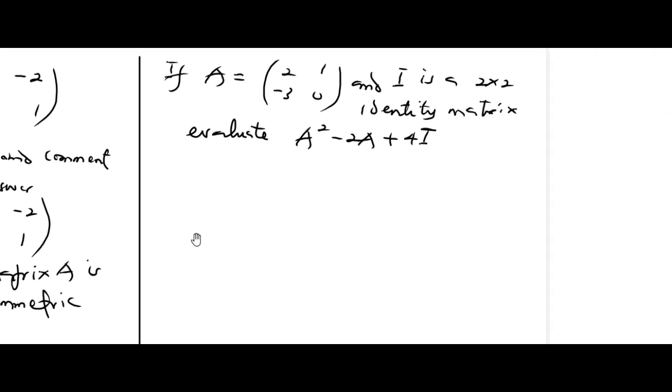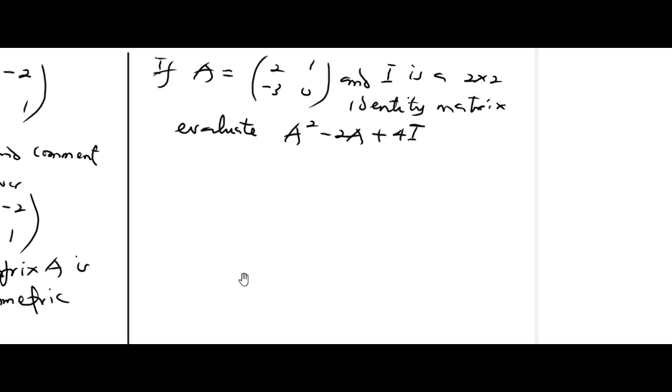All right, so we have this jump question to tackle together. If A equals a matrix of 2, 1, minus 3, 0, and I is a 2 by 2 identity matrix, we should evaluate A squared minus 2A plus 4I. Okay, first of all, let's deal with the identity matrix. That will be 1, 0, 0, 1. So 4I will be 4, 0, 0, 4.